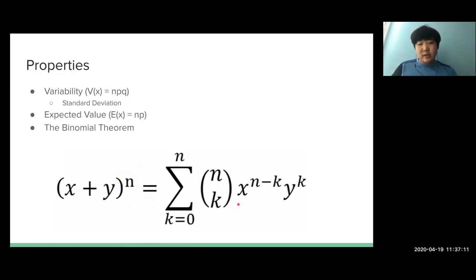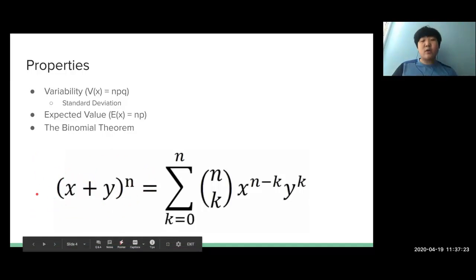And what this entails in terms of the earlier formula is that since here x plus y is 1, the total sum of the probabilities is 1, which is, of course, something trivial that we know about every single probability distribution out there.